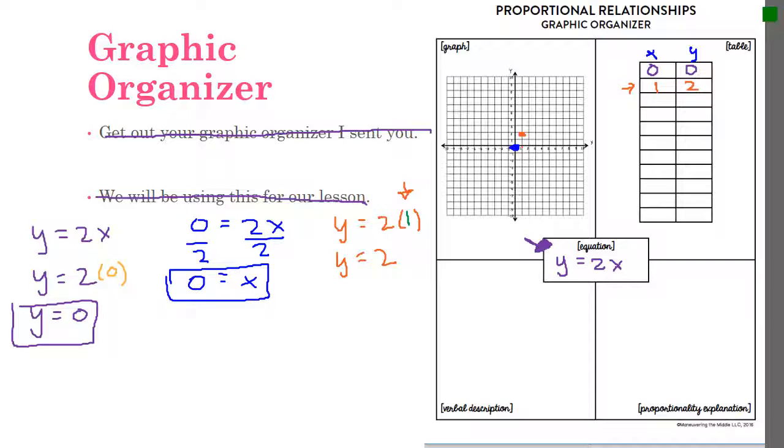Let's try a negative. Let's say I plug in -4. And remember, you can choose any numbers you want, and that's the great thing about using a table to graph. So let's take our equation y equals 2x, and I want to substitute a -4 in for x.